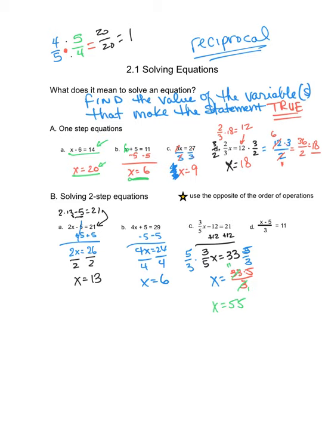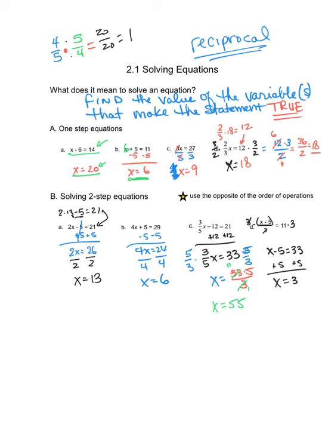So in this case, ladies and gentlemen, we would multiply both sides by 3. And since we're multiplying by 3 in the numerator and we have a 3 in the denominator, they have a common factor. The 3's would reduce. x minus 5 equals 33. And then, of course, we'd add the 5.